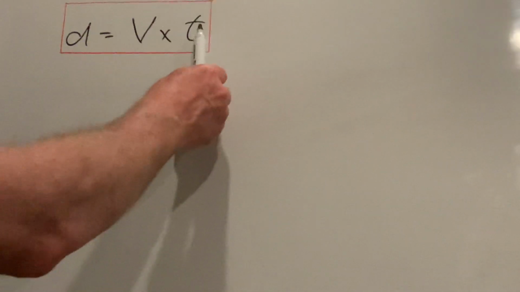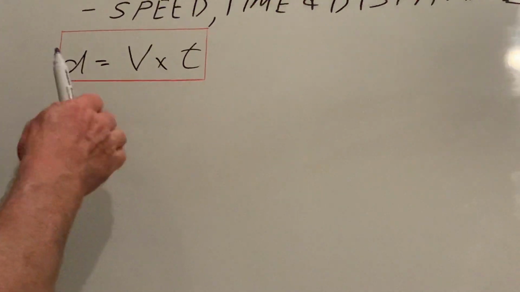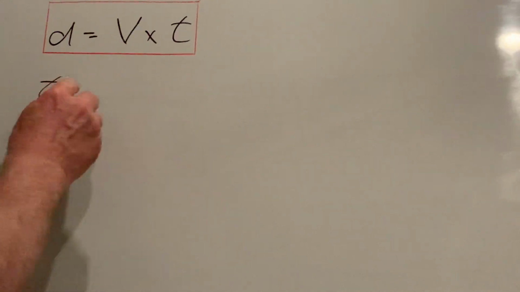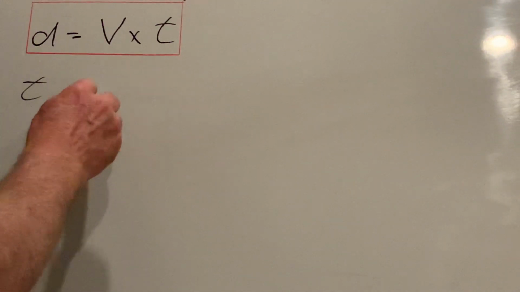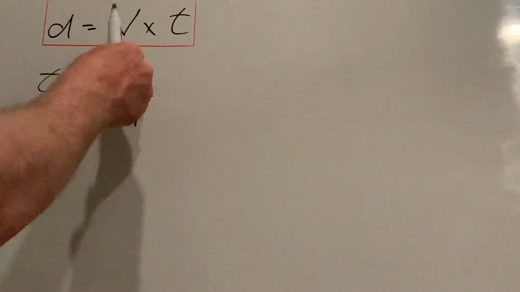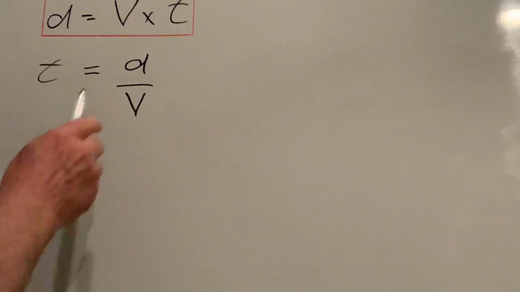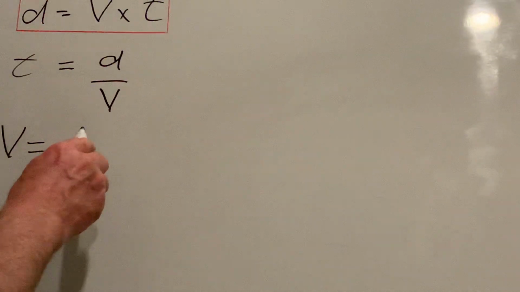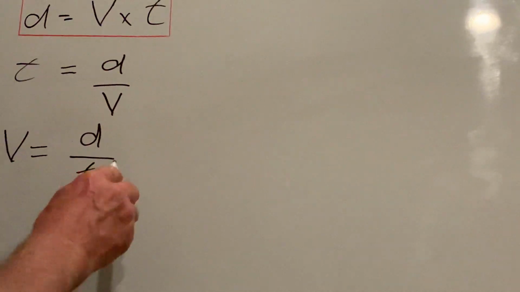So if you know two of them, you can work out the third one. For example, if we wanted to work out what time it took for something to travel a certain distance at a certain velocity, just divide both sides by V: time equals D over V. If we wanted to work out how fast something was going and we knew the distance and time, we divide both sides by T. So velocity equals distance divided by time.